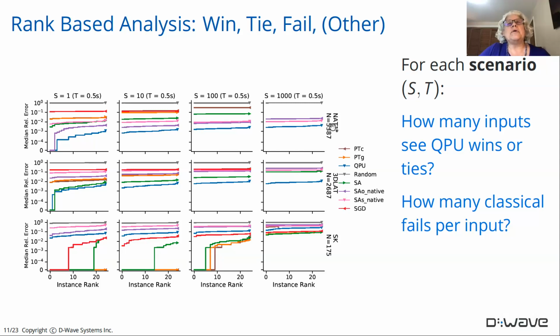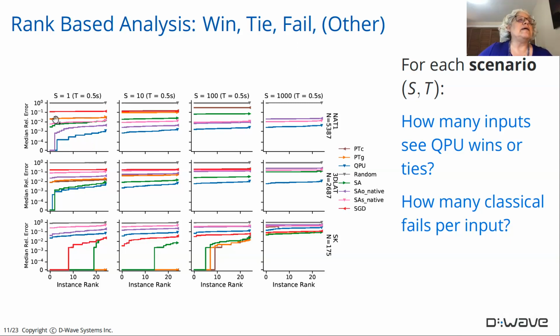The NAT1 input is native inputs plus or minus 1 defined on the Pegasus graph. 3D lat are the 3D lattice problems. They also have plus or minus 1 on the weights. And then n equals 175 here is the smallest of these Sherrington-Kirkpatrick compacted graphs, also with plus or minus 1 on the weights. So in this case, we have 3 identical weighting schemes, but 3 very different graph structures.